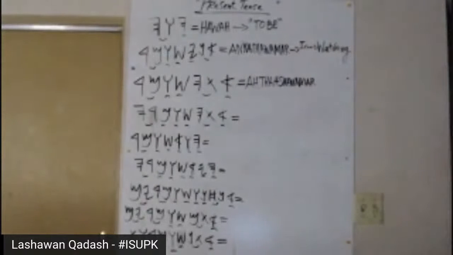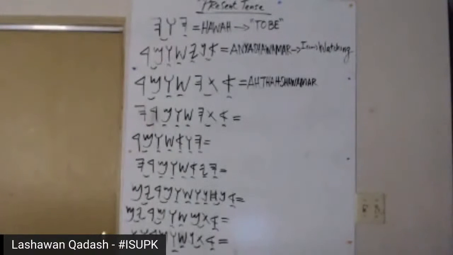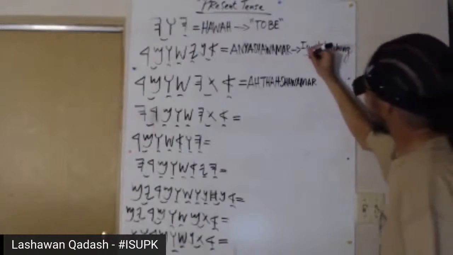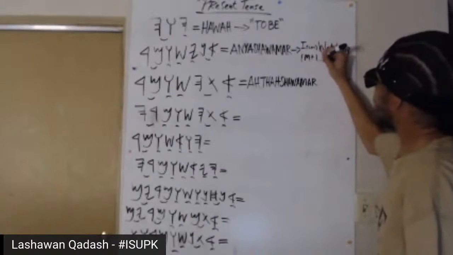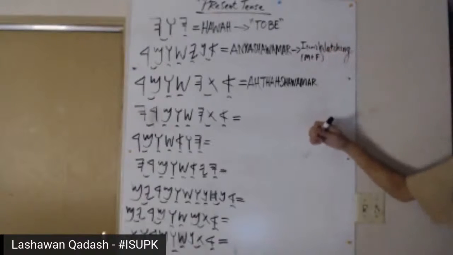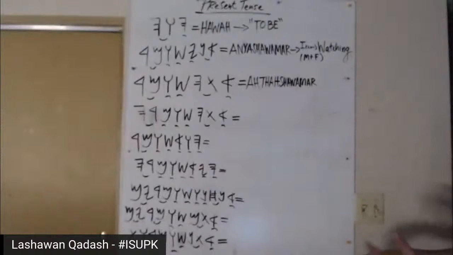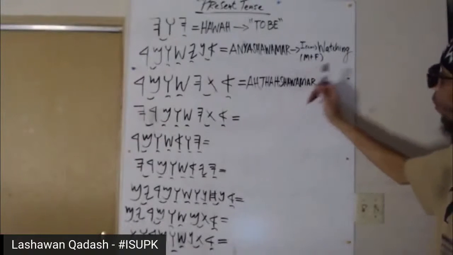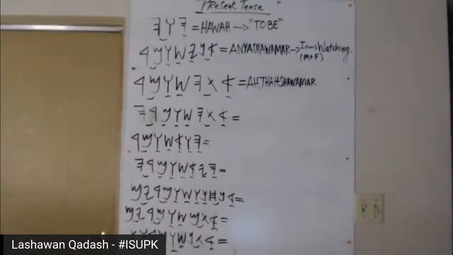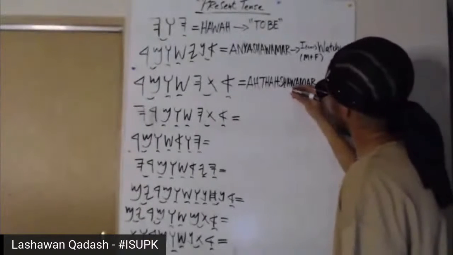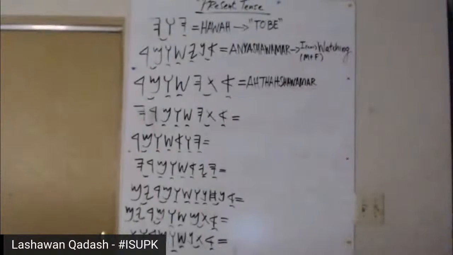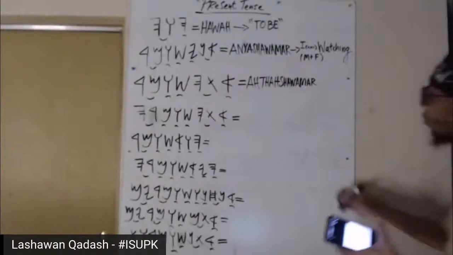You have atha shawamar, which is you are watching. Now also, don't let me forget masculine and feminine, based on the context of the sentence, etc. Atha shawamar, you are watching.